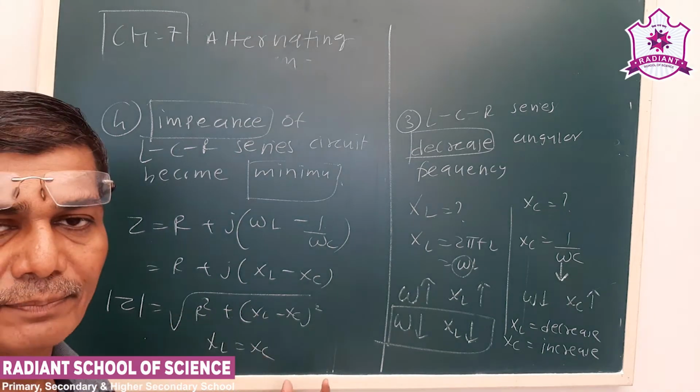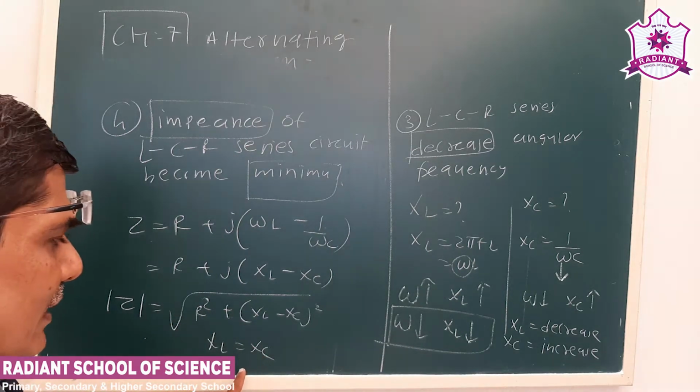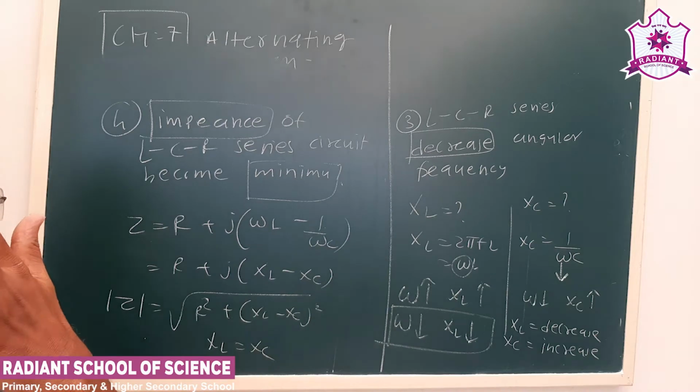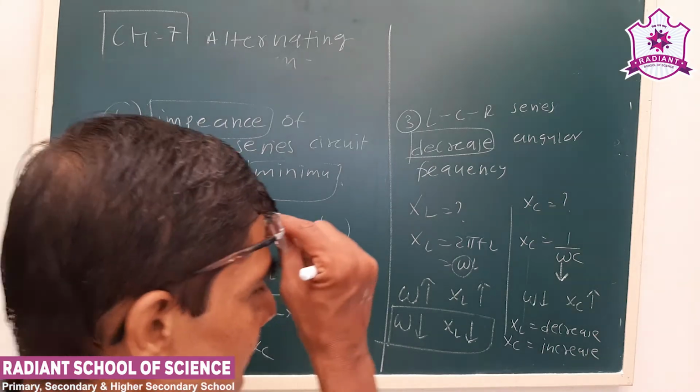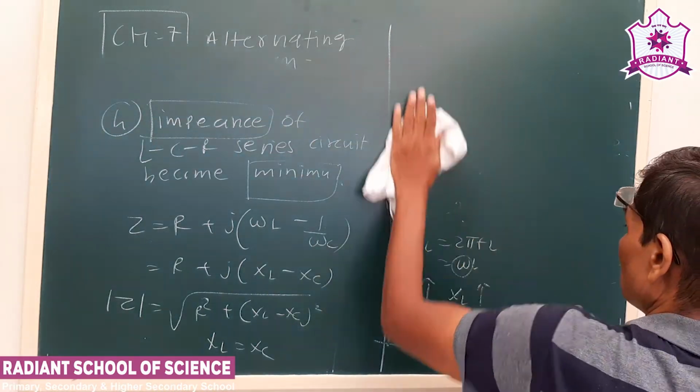That is, the imaginary part becomes 0. Why? Because if XL becomes XC, XL minus XC will become 0. So in that sense the imaginary part will be 0.